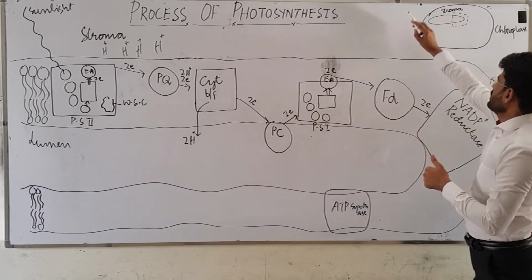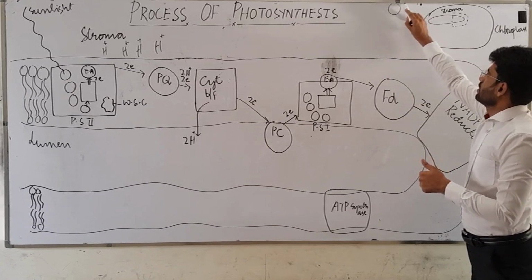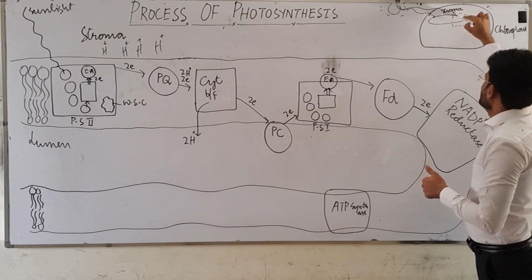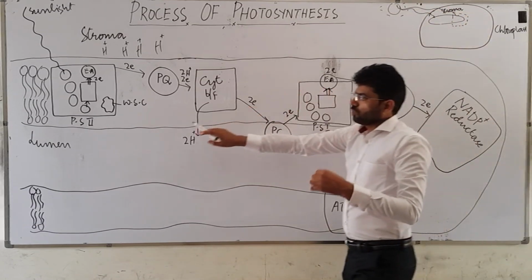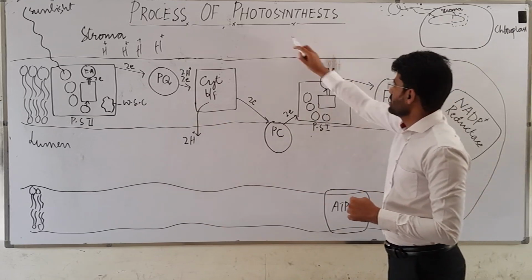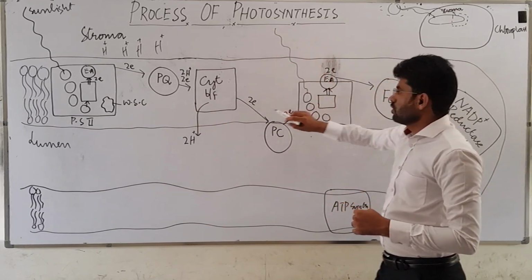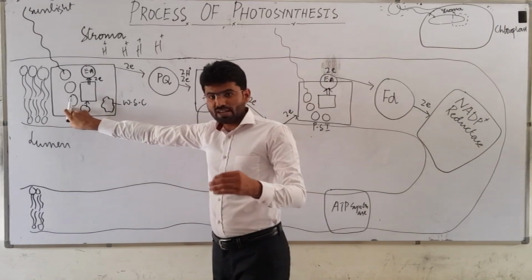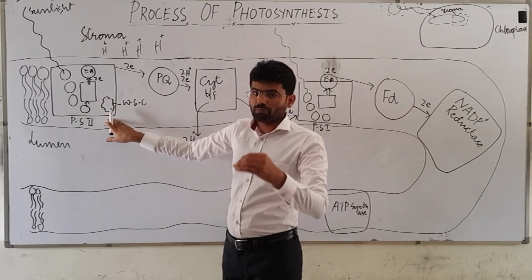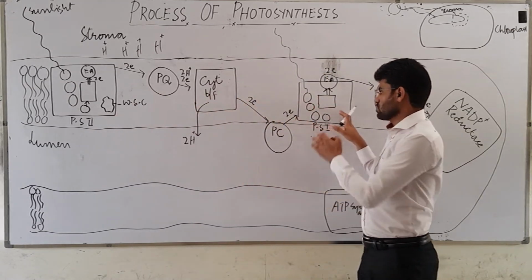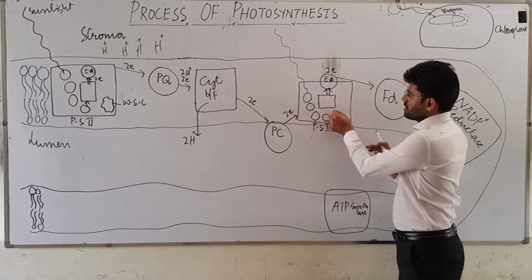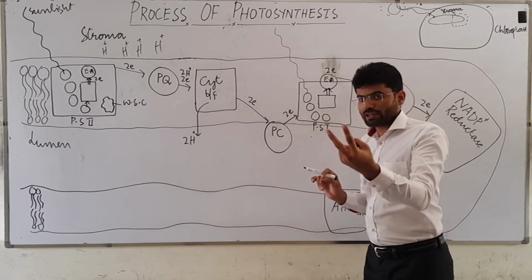Now, if you consider this is the sun and it is giving light, for these two photosystems at the same time, it means light is not only striking at PS2, but at the same time when light strikes PS2, it also strikes PS1 as well. So this also loses two electrons.